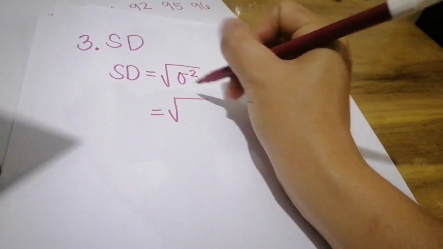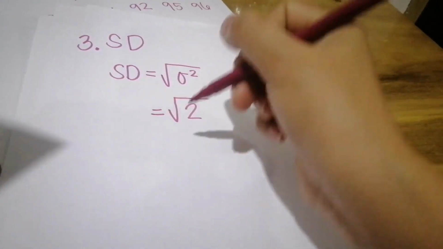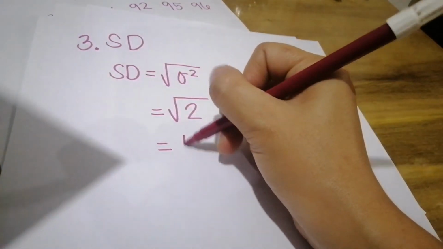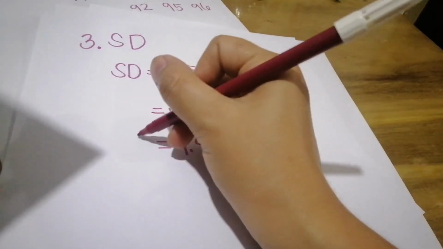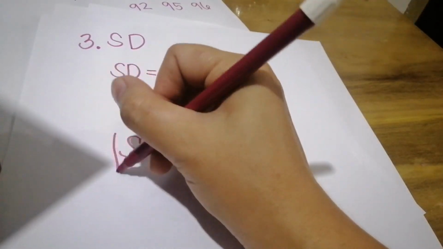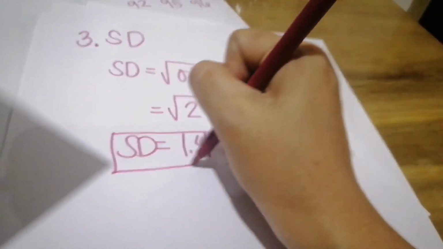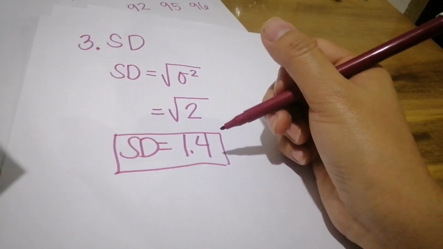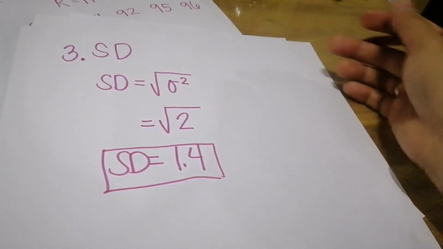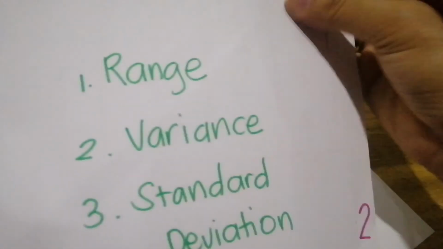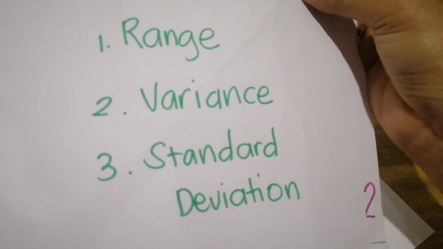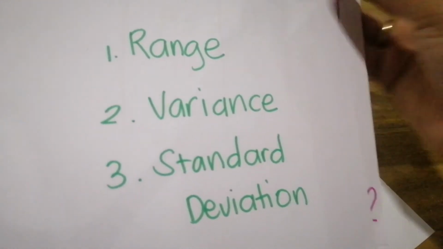So to solve for SD, simply extract the square root of 2, and that's equal to 1.4. So the standard deviation is equal to 1.4. And that's how you solve for the 3 measures of variability: the range, the variance, and the standard deviation.